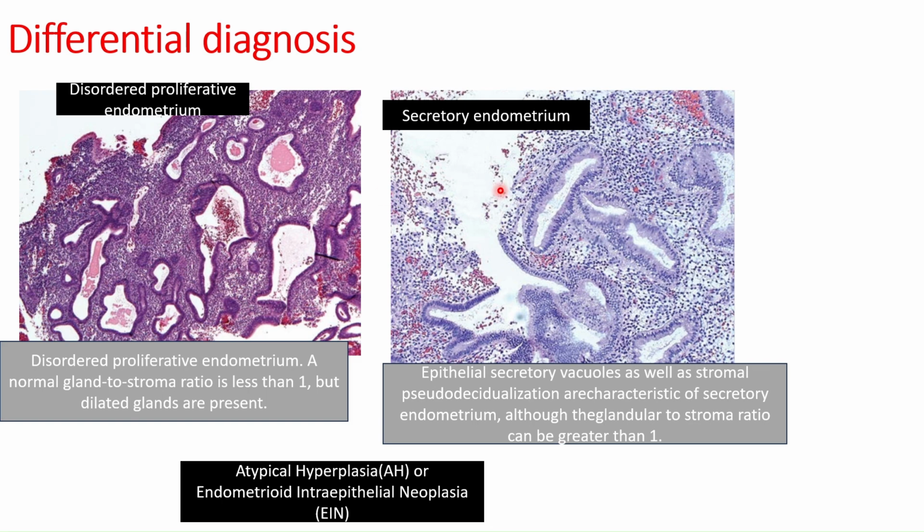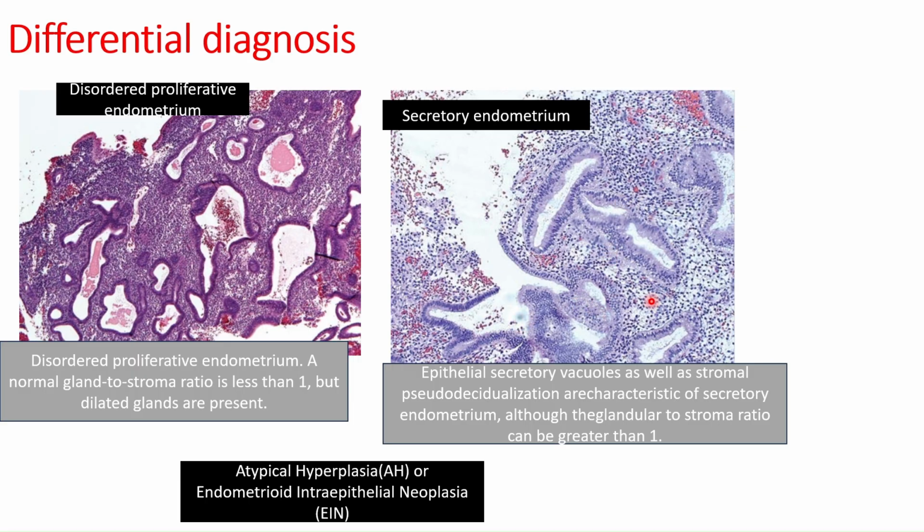So this is called disordered proliferative endometrium. Second differential diagnosis is secretory endometrium. There is usually increased gland-to-stroma ratio, but here the glands are having secretory change. So you can make out vacuoles in the gland, and these are the secretory glands. So always remember, hyperplasia is always associated with proliferative glands.